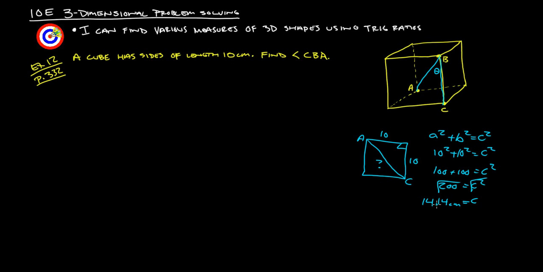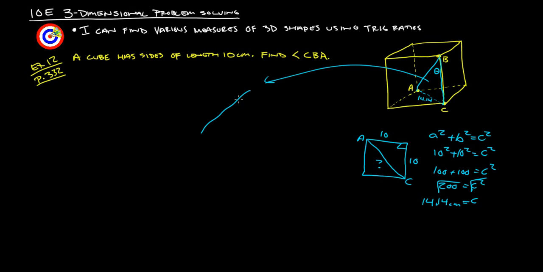And honestly, the farther out you go in your decimal places, the more accurate an answer you end up with. So we'll go with 14.14. So now we know that this piece right here is 14.14.